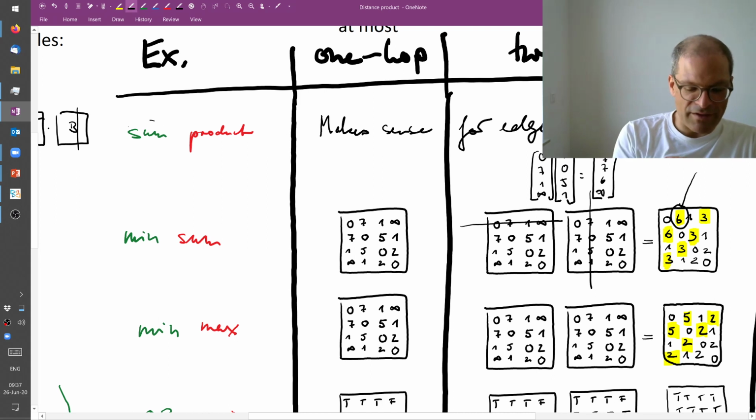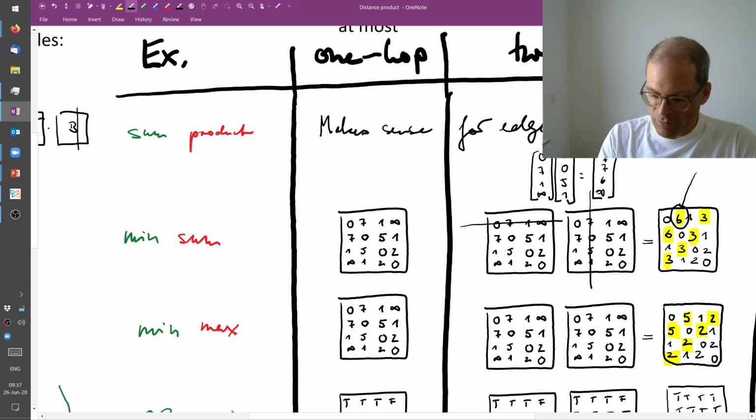And now, rather than summing over these as I would do normally, I take the min over them, which is 6. And this is the 6 that I put into my matrix on the right-hand side.